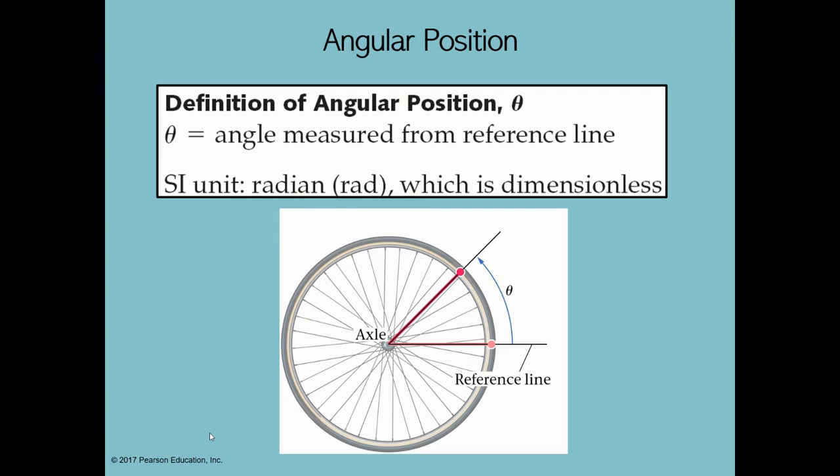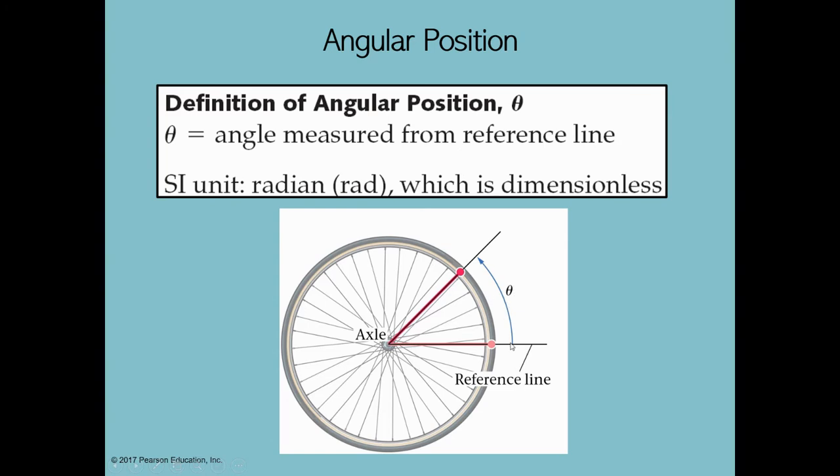In linear motion, we would use a coordinate system to define a 0 point where x equals 0 or y equals 0. In rotational motion, however, we're going to use the angular position to do this. And that position is represented by the variable theta.